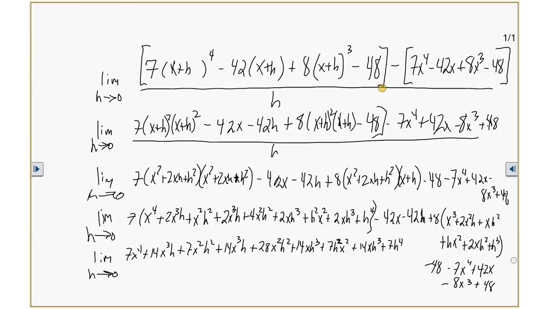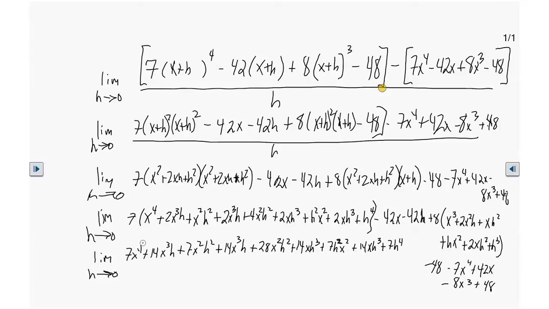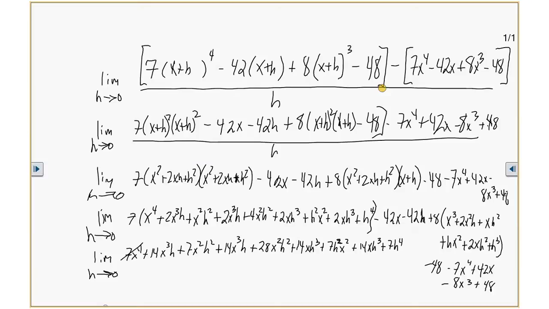There, that says 7x to the 4th. See it over there? That cancels. Y'all see anything else? It cancels. Good luck. You might see some things that actually, at x cubed h, that's 28x cubed h.